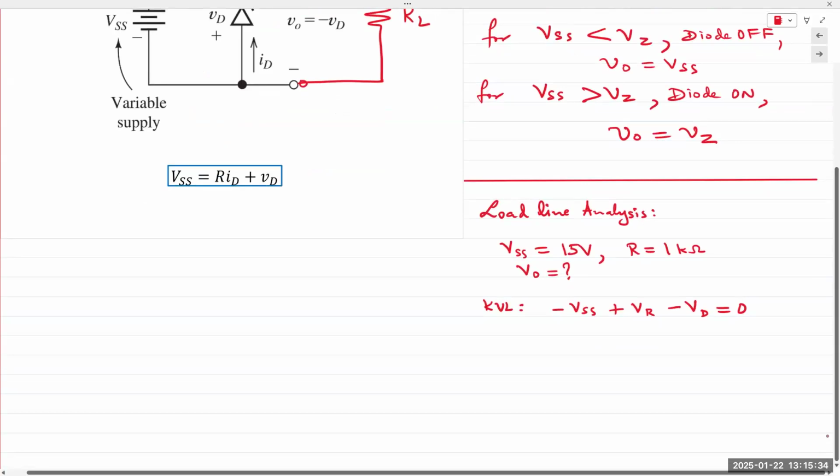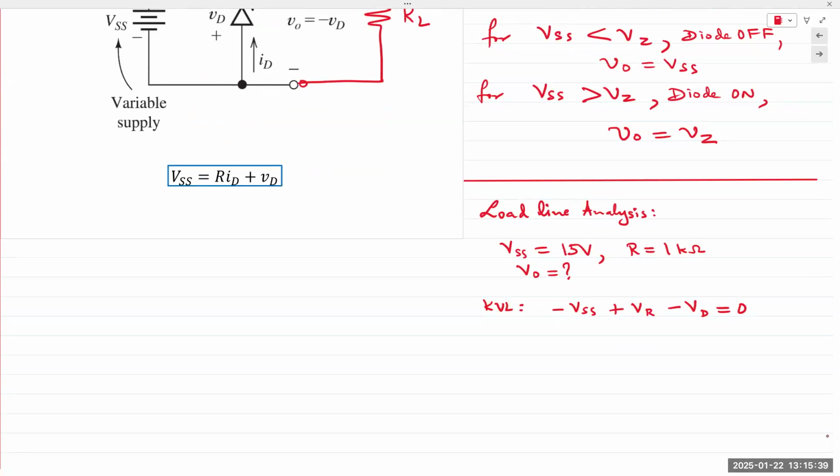All right, so if I was to expand this, I want to find diode voltage, diode current, two quantities. And if two quantities, they're the ends of the line, the assumption is a linear line would intersect the X and Y axis somewhere. So VD and ID must be zero at some point. So I could write this is minus VSS, and this VR would be minus ID, because ID again is flowing in the opposite direction, times R minus VD equal to zero.